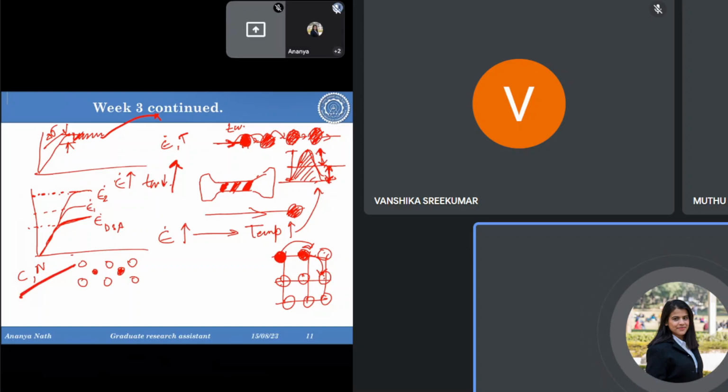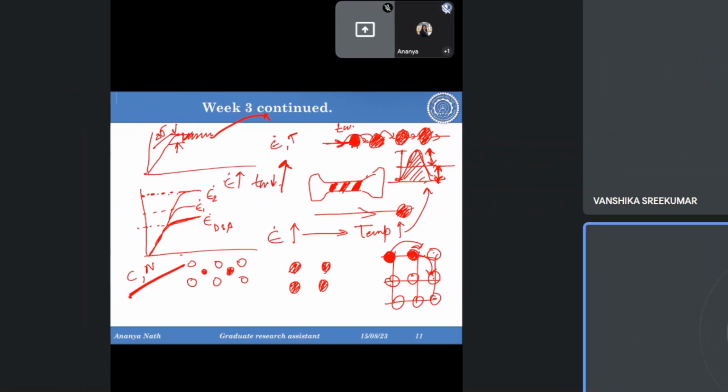But for aluminium, the alloying elements are magnesium, copper, manganese, zinc, which are of the same size as aluminium or somewhat bigger. So they cannot sit in the interstitial position. This is why they always sit in the substitutional position.